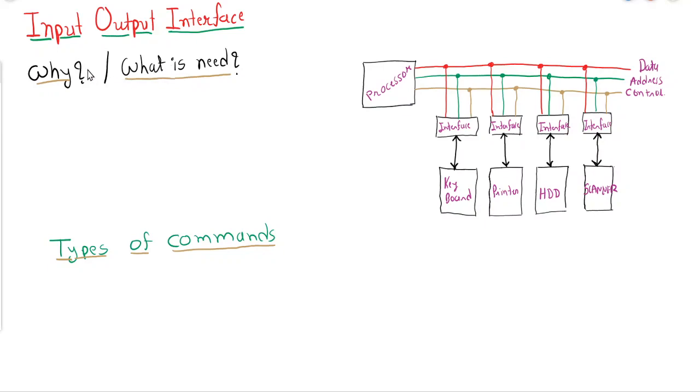Before discussing that, let me tell you the arrangement of how it is used, so you can have an idea, and later we can understand what the need of it is. So this is the processor, this is the interface, and this is the input output device. In between the processor and the input output device, the interface will work as a layer.